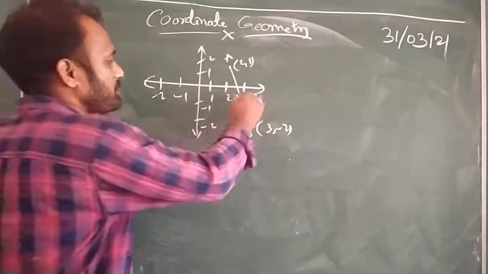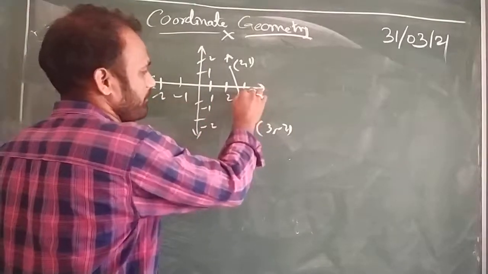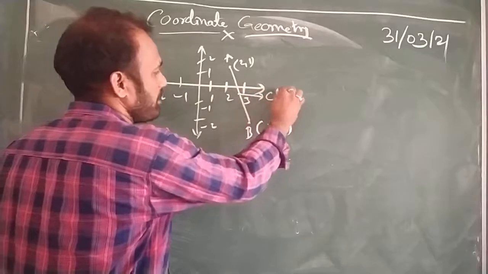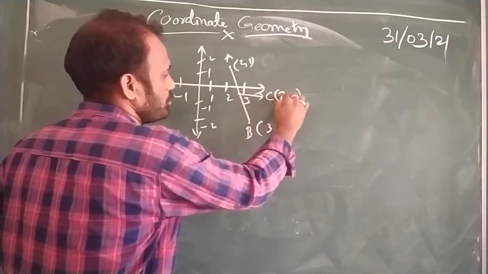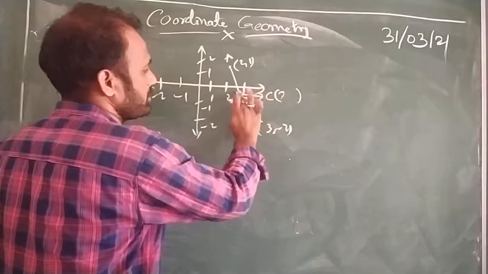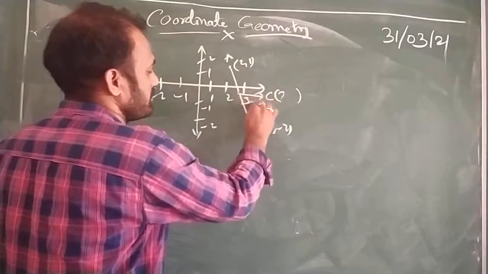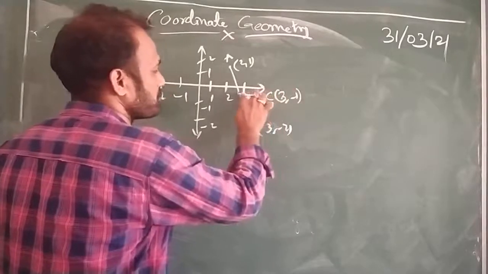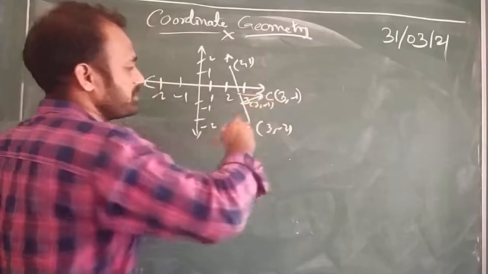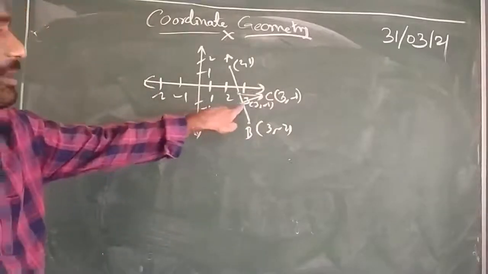Now let us suppose there is a point C on this line. The point C is here, that is at 3 comma minus 1.